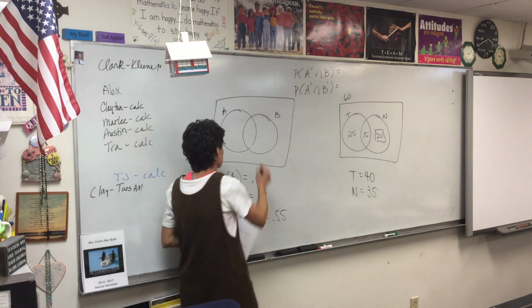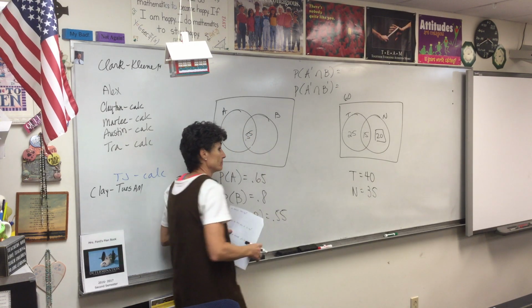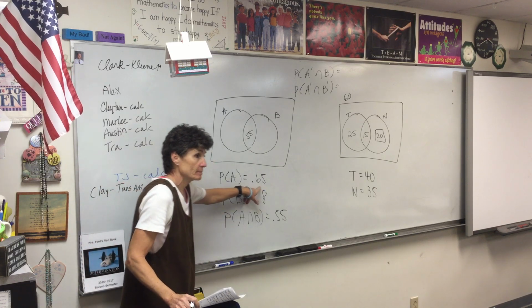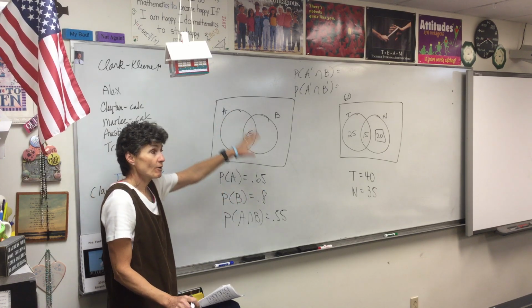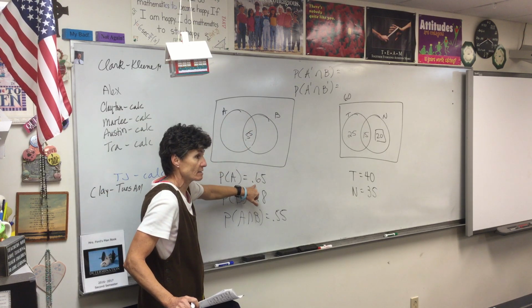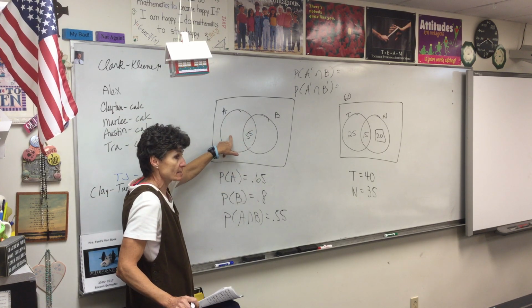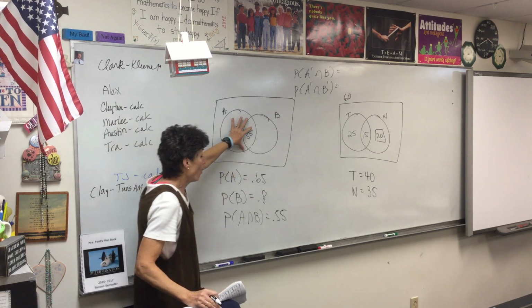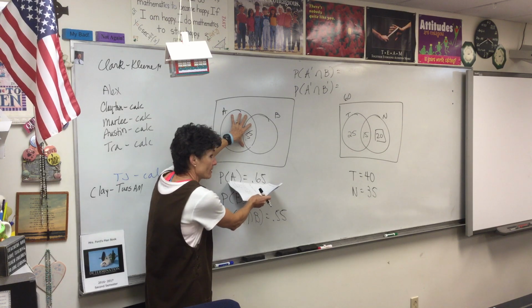So in the football goes 0.55. Now what does this mean? The entire A circle, the whole circle is 0.65. So how much is this? 0.10. The whole circle is right here.